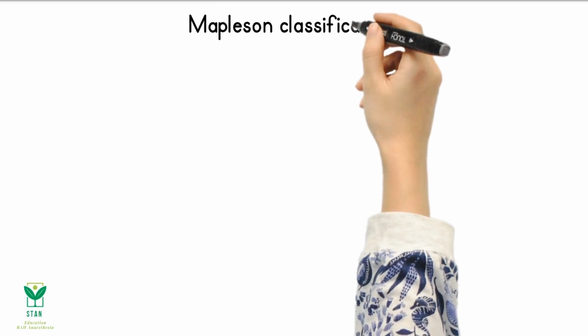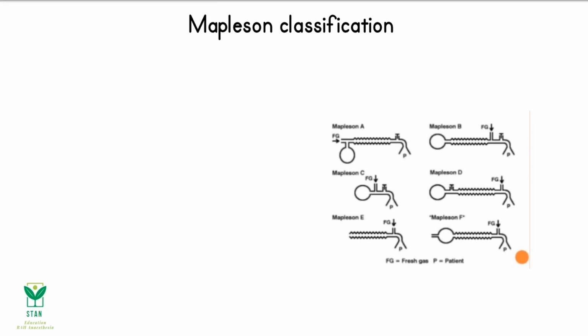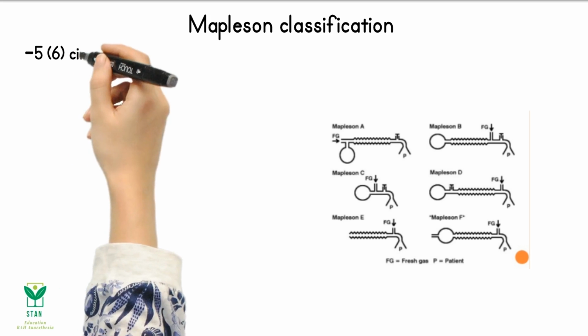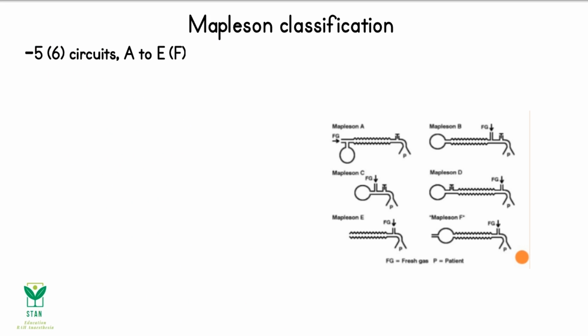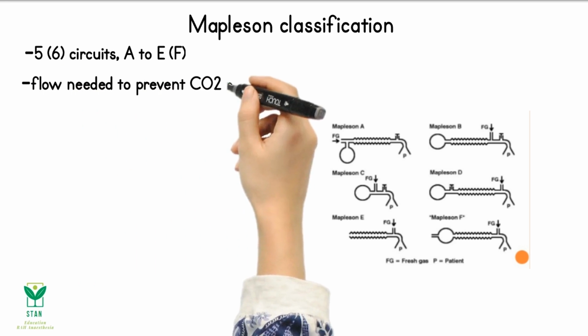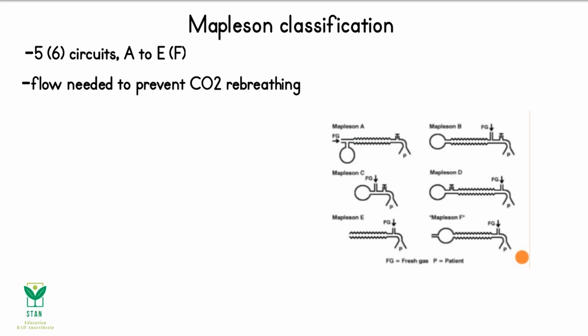A very brief description of the Mapleson classification of anaesthetic breathing circuits. We only use the Mapleson D or Bain system at the RAH, but there are 5 circuits described, from A to F, F being a modified E, so there are actually 6, and they're categorised by the flow needed to prevent carbon dioxide rebreathing, which was important in the days before we had CO2 monitors.